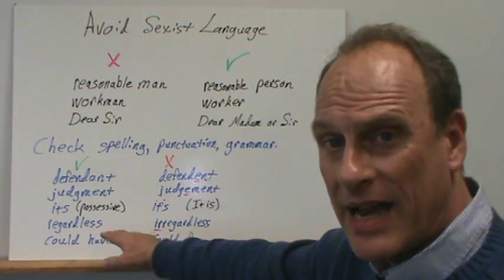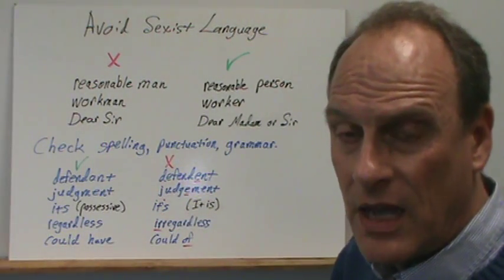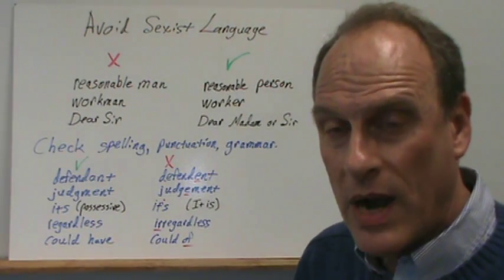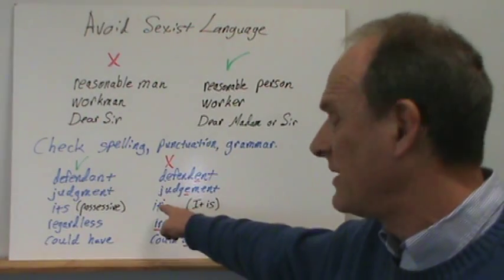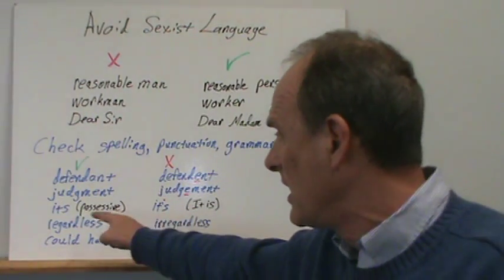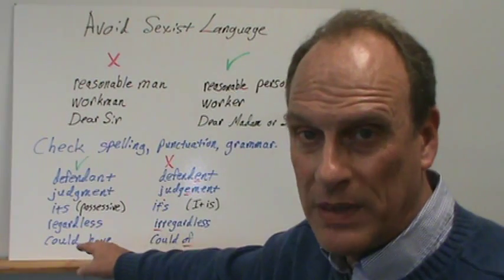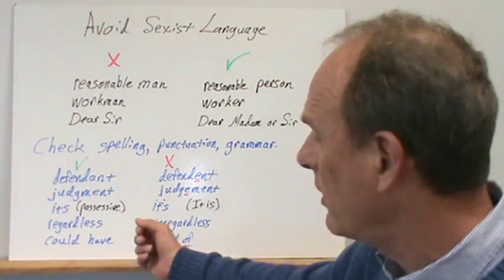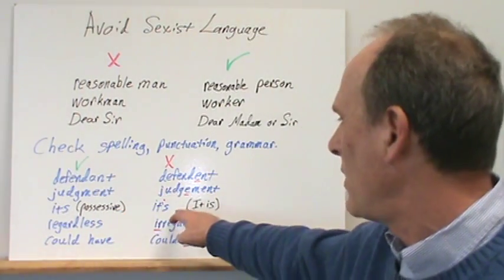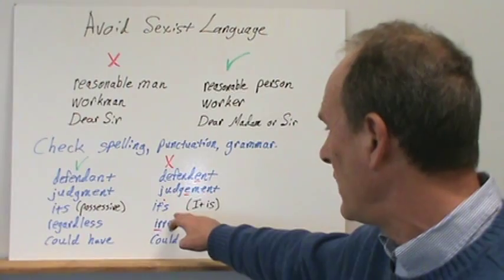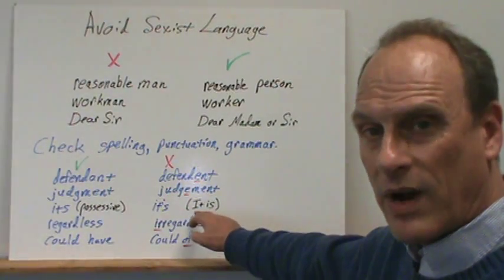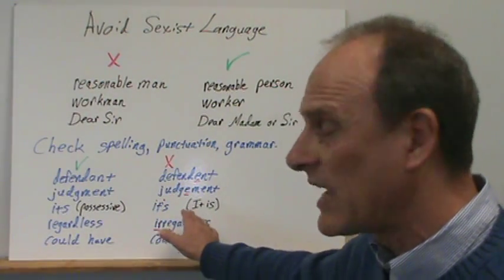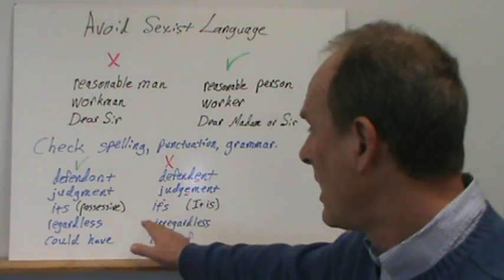Its, I-T-S, if we mean the possessive form, because in our formal writing we want to stay away from the contraction, I-T apostrophe S. So we're assuming that when you're using I-T-S, you would be doing it in the context of a possessive word. With the apostrophe, it's stands for it is. But this is unfortunately a very common mistake when people are writing.